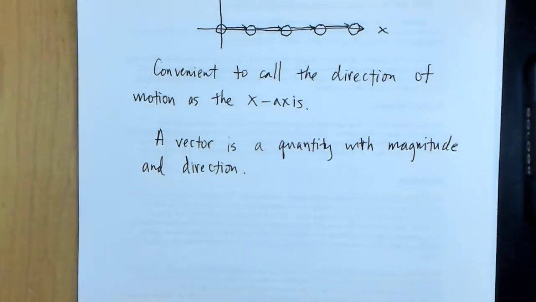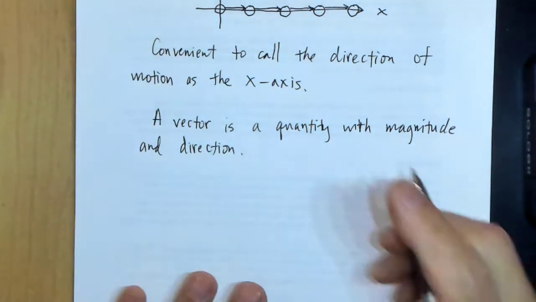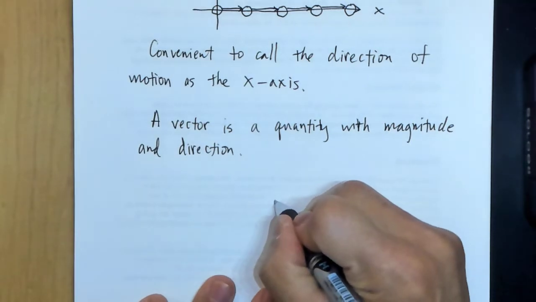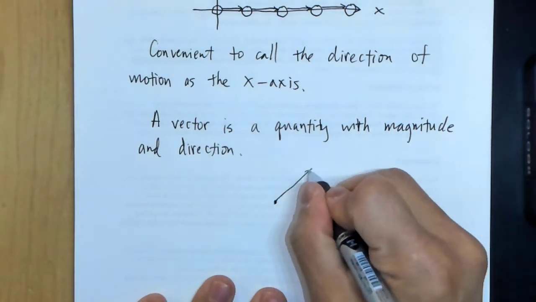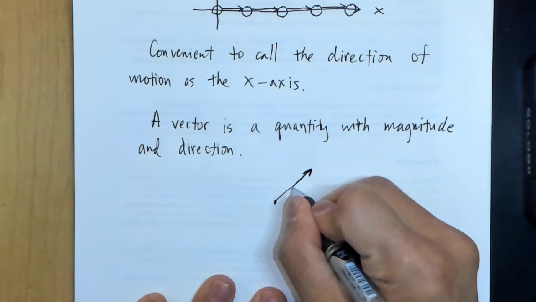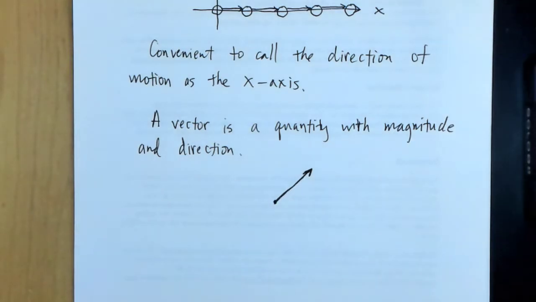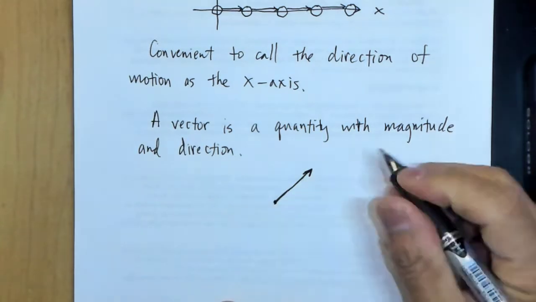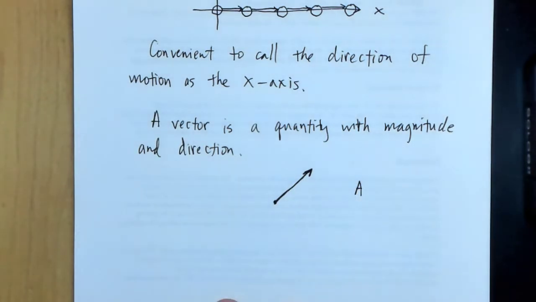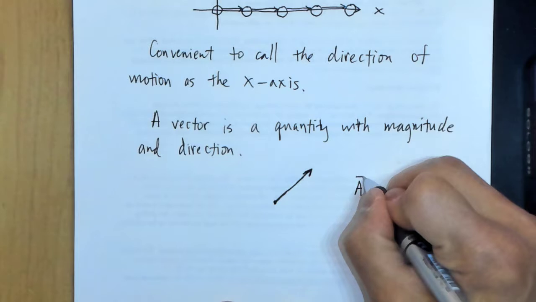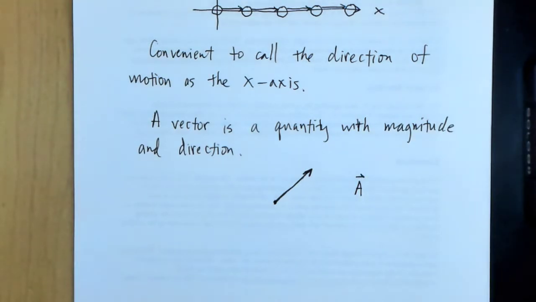If you want to draw it as a picture, it's basically an arrow. It has a starting point, an end point, and just a little arrow. Okay? And if you're drawing it as a notation, if I call this vector A, then we like to put a little arrow hat on top of it to indicate it's a vector.